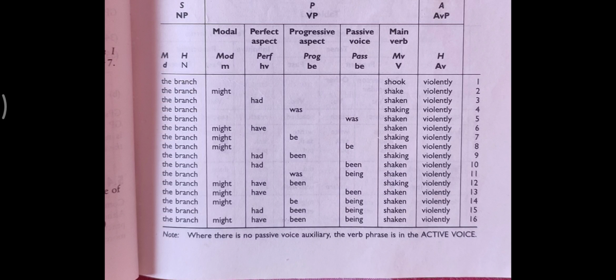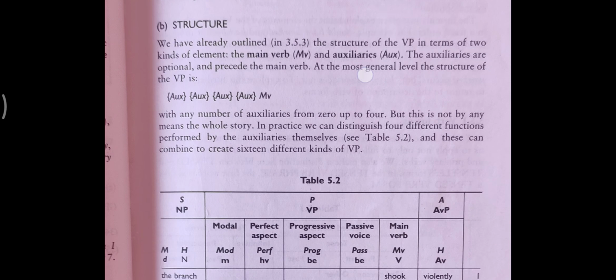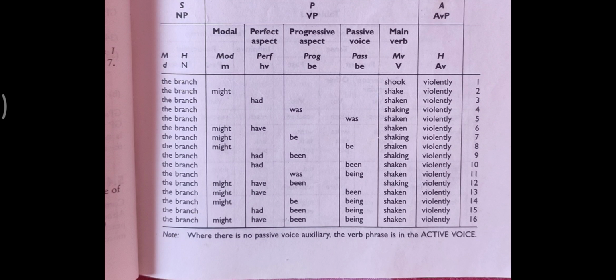If we go to the last composition, number 16, we will find the modal auxiliary might, and the perfective aspect, have, has, had. The progressive aspect is used here as well.